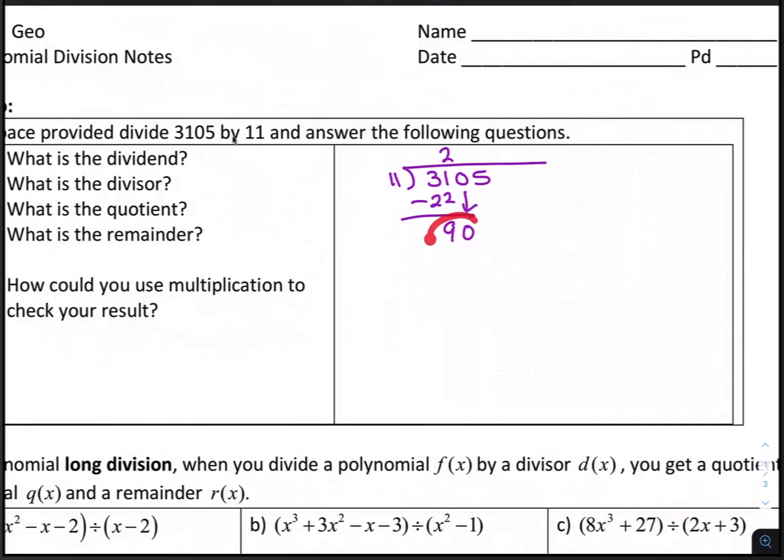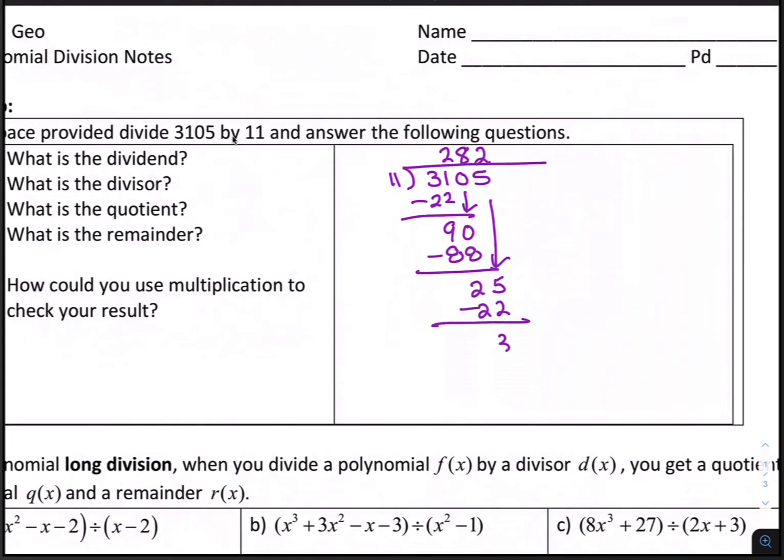Now you're going to divide 90 by 11. That goes 8 times. 8 times 11 is 88. Then you'll subtract. 90 minus 88 is 2, then bring down the 5. Divide 25 by 11, and that goes twice. 2 times 11 is 22.